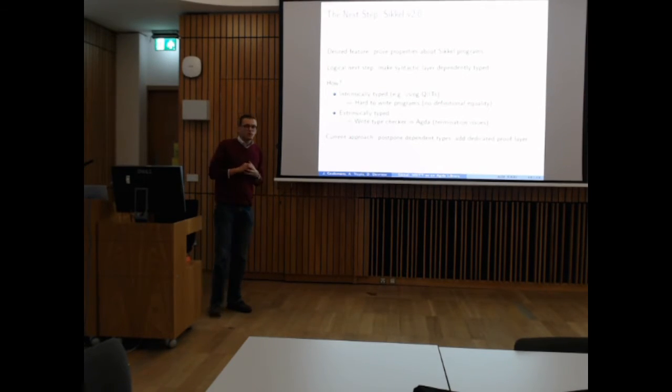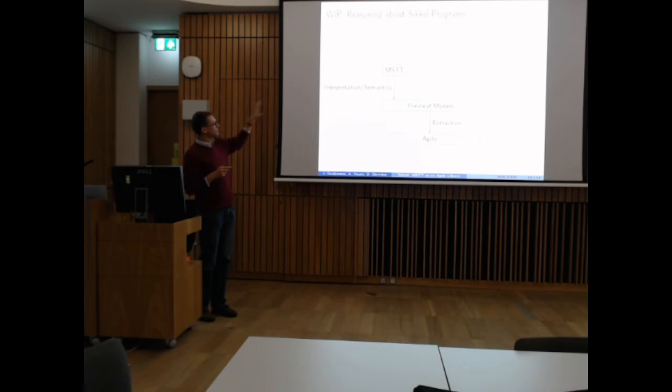So the current approach that we're taking is to postpone the dependent types for the moment and add a dedicated layer just for proofs. So the overview would look something like this. This is what I showed on the first slide, and we're actually now adding this part. So there is now a logical framework that allows you to reason about these MSTT programs.